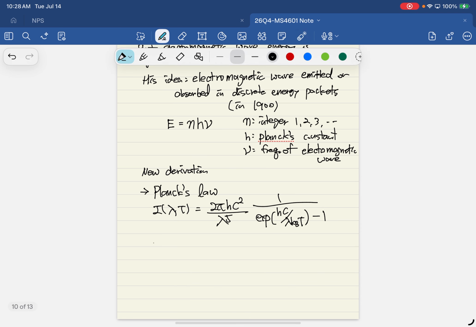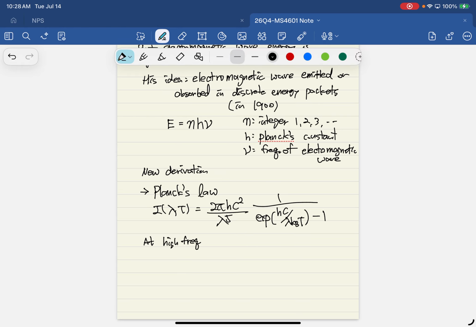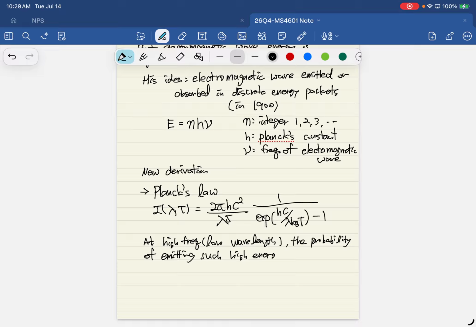So in the sense, this one is essentially, at high frequency or low wavelengths, the probability of emitting such high energy quanta vanishes.